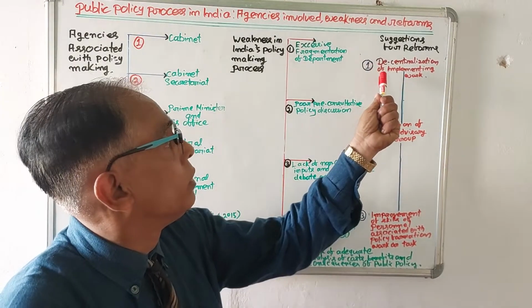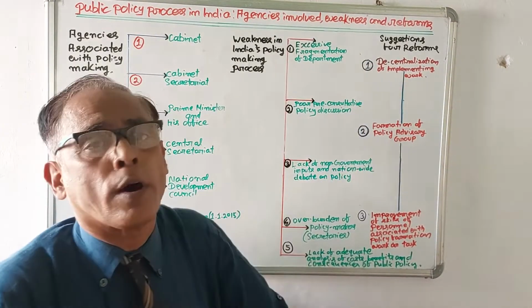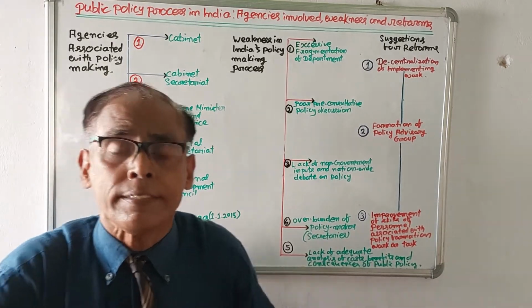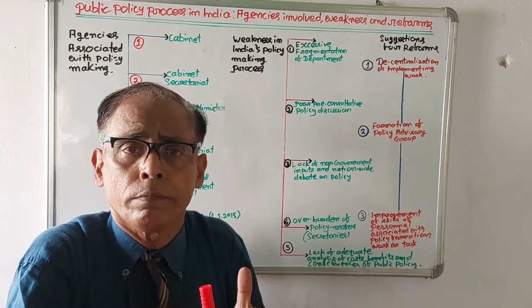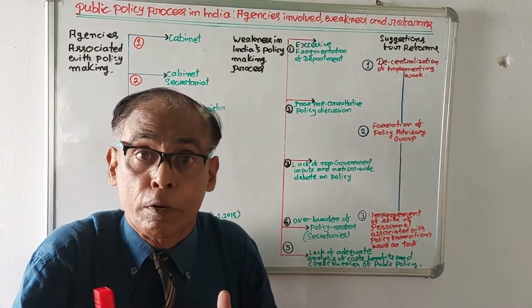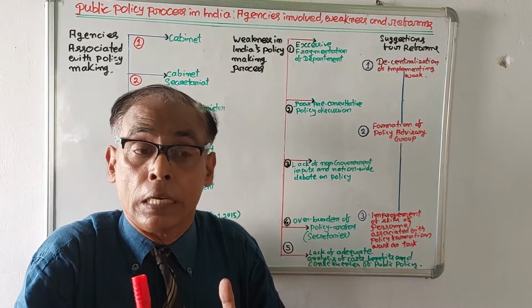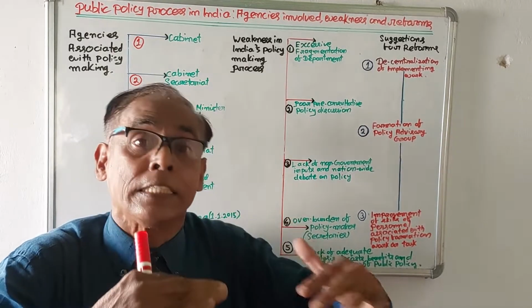Number 1, decentralization of implementing work. The first suggestion is that whenever public policy has to be prepared and implemented, a lot of persons must be engaged for that work.